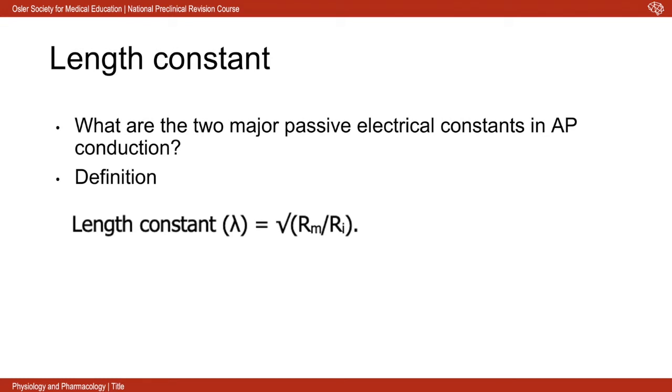From this, the explanation is that if the membrane resistance is high, the leakage of charge through the membrane will be reduced, and therefore the length constant will be greater. Similarly, if the internal resistance is low, the charge will diffuse more easily through the axoplasm, and therefore the length constant will be greater.